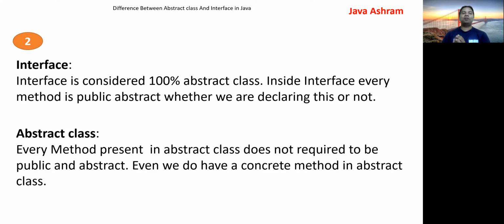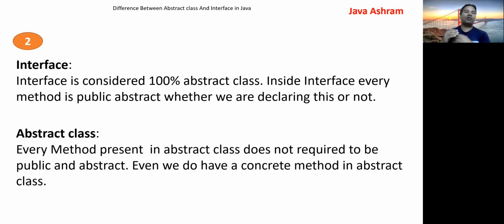In the case of an abstract class, every method does not need to be public and abstract. You can have a concrete method in the abstract class. What is a concrete method? A concrete method means the actual implementation. For example, if you are adding two numbers, the actual calculation and implementation you do in that method is called a concrete method.